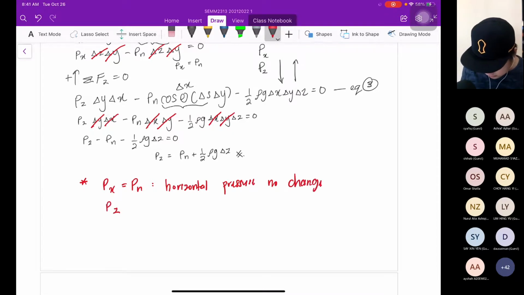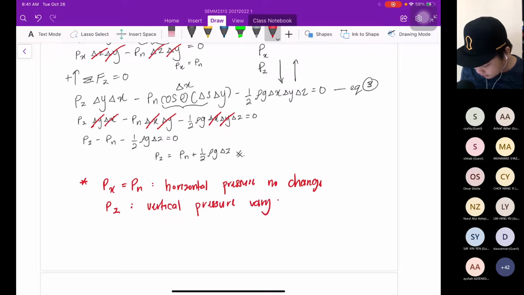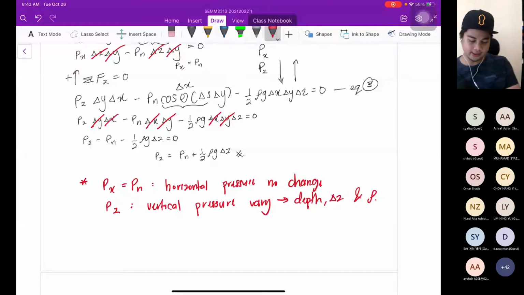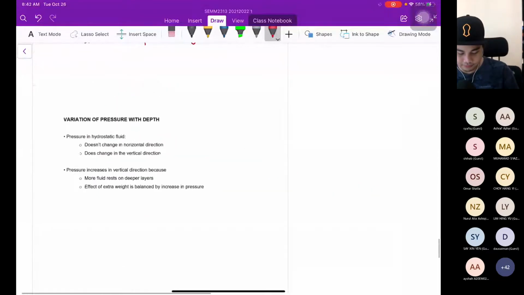While the Pz pressure, vertical pressure, varies with depth, which is delta Z, and density. Okay, that's it. Very simple, right?